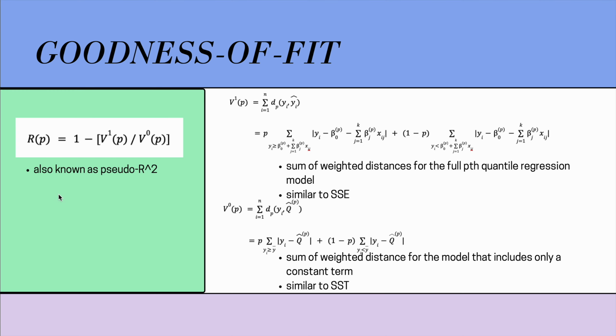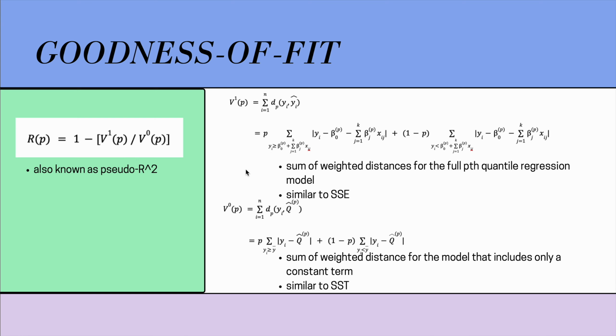R of p can be computed by subtracting from 1 the ratio of the sum of weighted distances for the full pth quantile regression model and the sum of weighted distances for the model that only includes a constant term. Notice that this is similar to the structure of R-square, where we compute it using 1 minus SSE over SST.